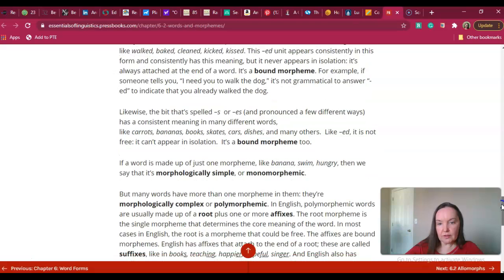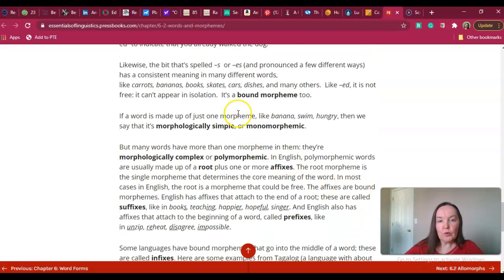All right, going a little bit further, we can talk about words as morphologically simple or monomorphemic. Mono, as you may already realize, is a Greek origin prefix that means one, kind of like the word monotonous or monotone. So if we add it to morphemic, we get the word monomorphemic, meaning one morpheme.